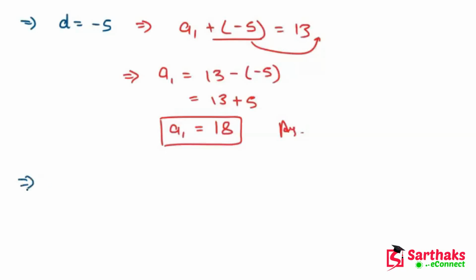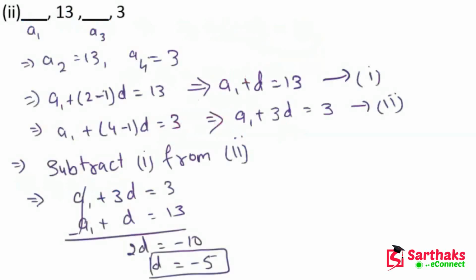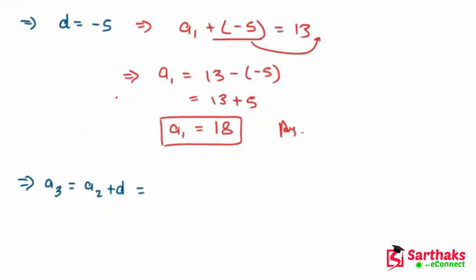Now we have to find A3. We know that A3 is A2 plus D. Now what is A2? Here you can see that this is 13. So here is 13 plus the value of D, which is minus 5.